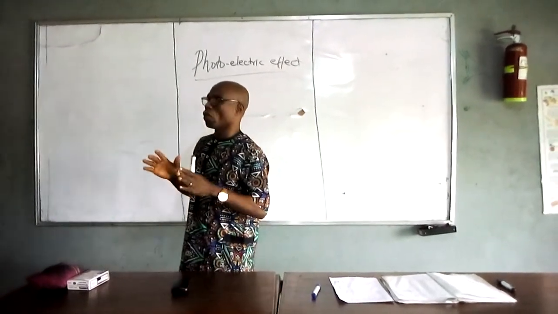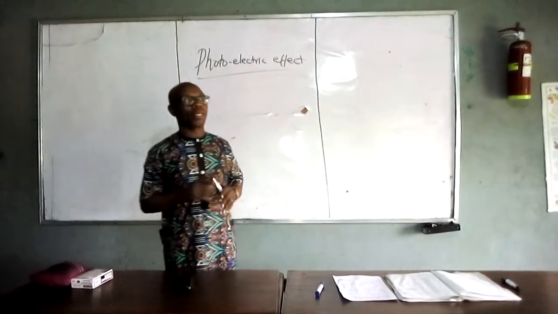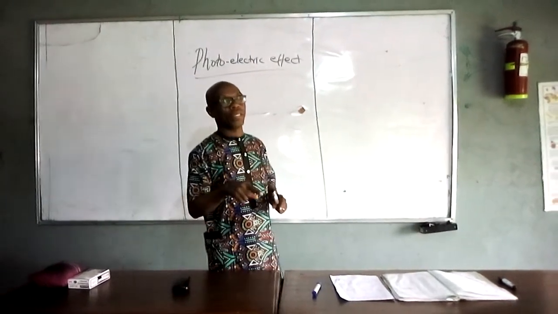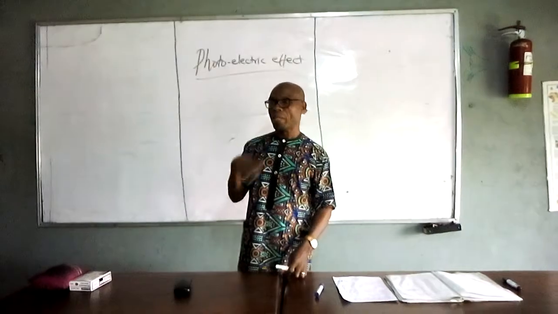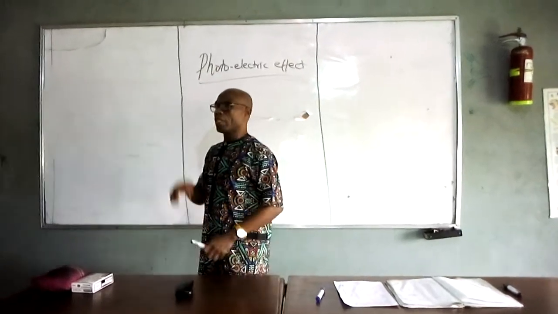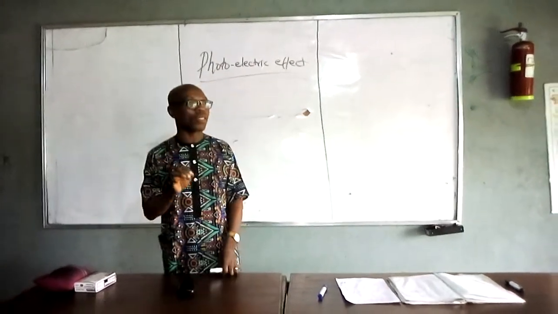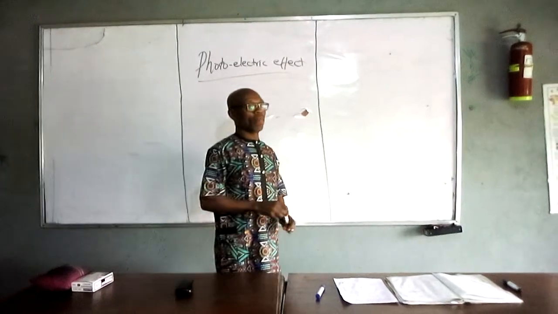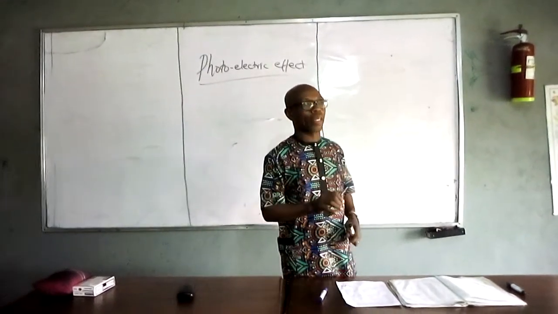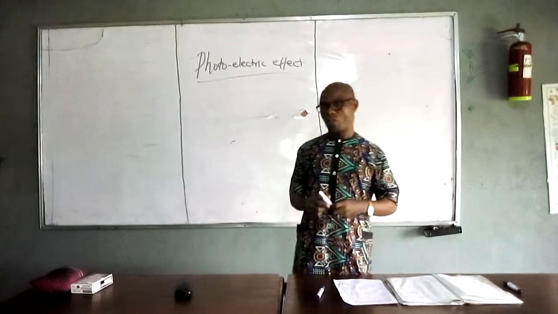It is not light of all frequencies that can liberate electrons from the metal surface. It is the light that has sufficient frequency that can eject electrons from the metal surface.